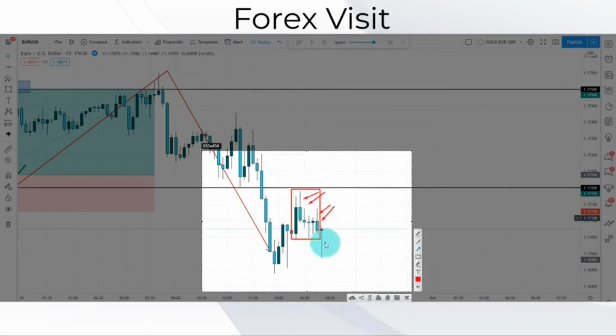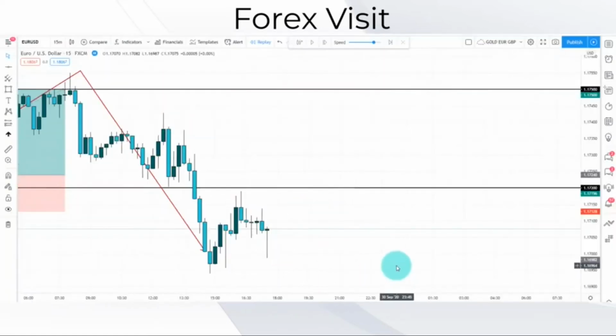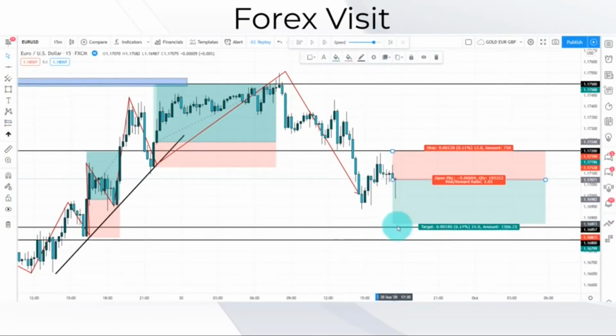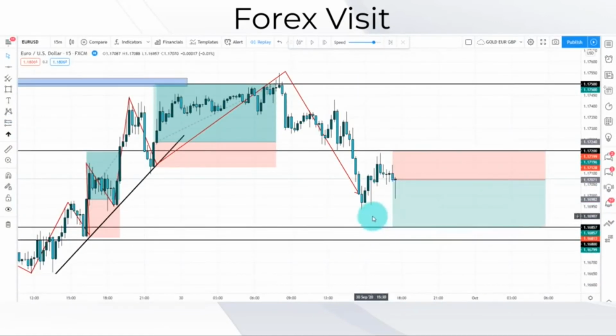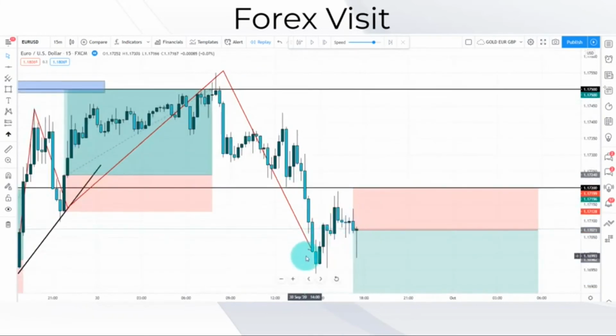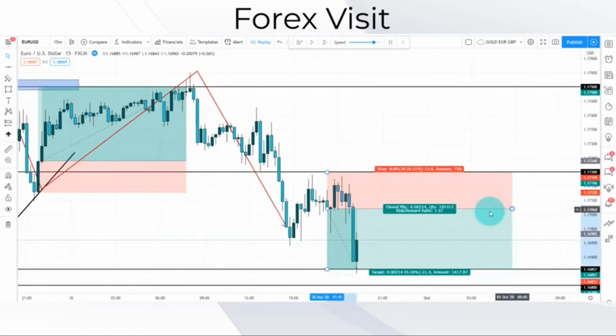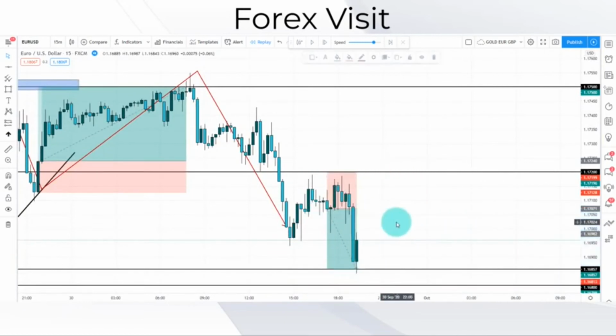So here we place a sell trade. We won this trade too.